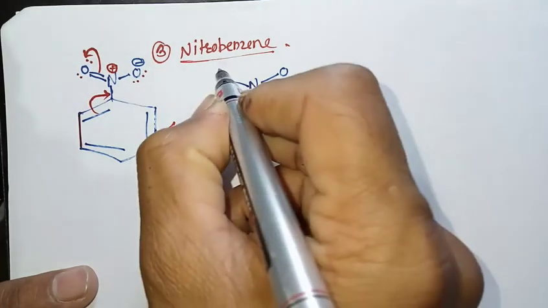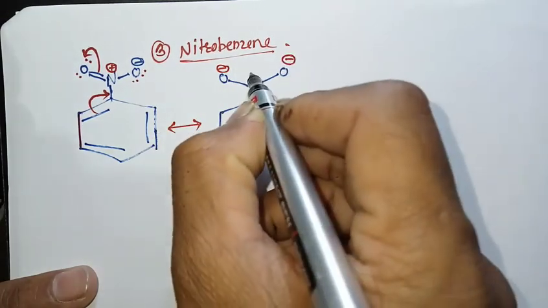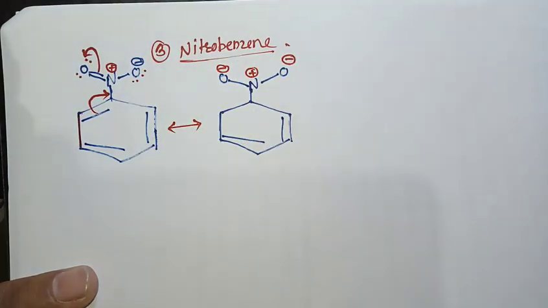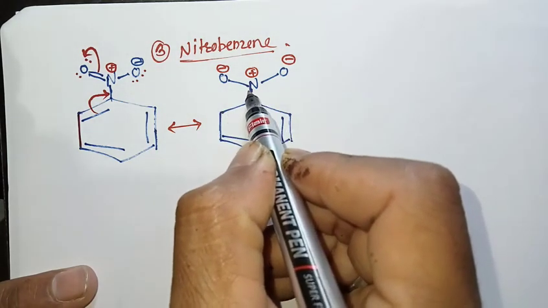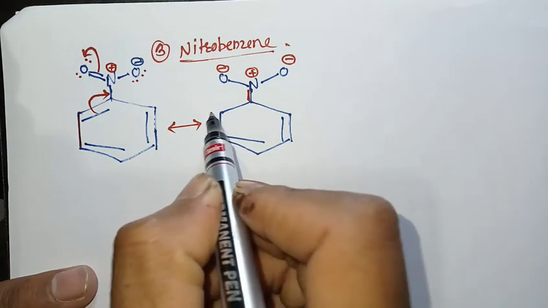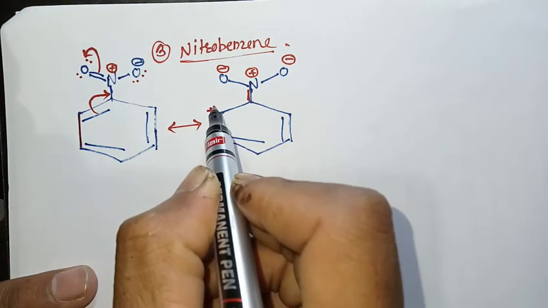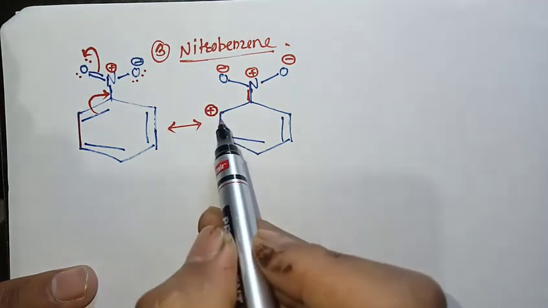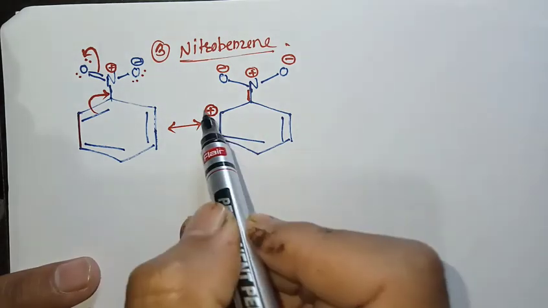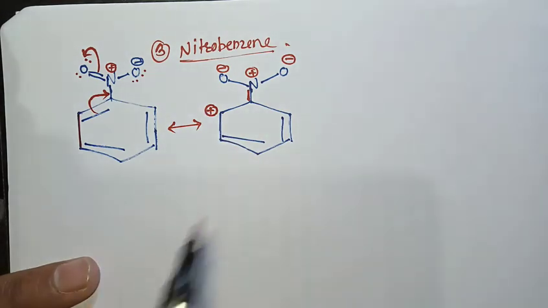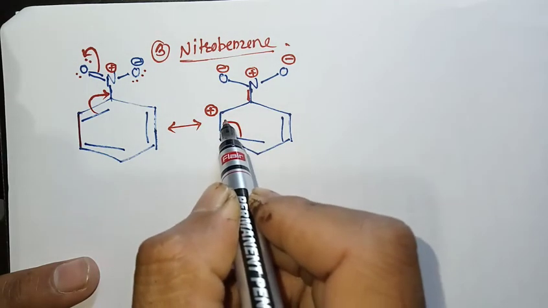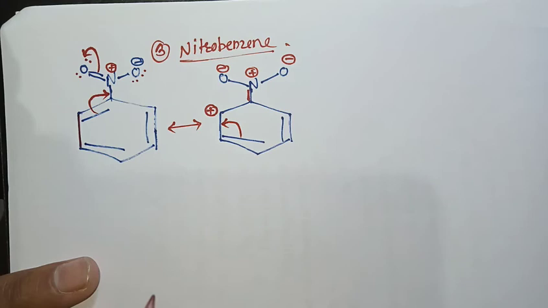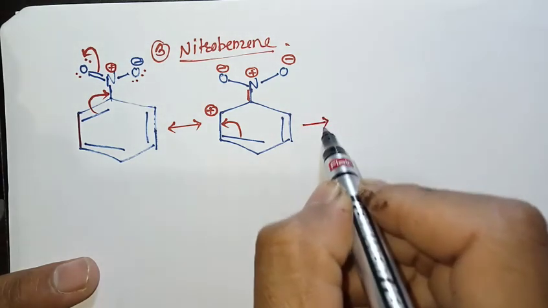They carry both a negative charge and a positive charge on this nitrogen. Because of the formation of the carbon-nitrogen bond, this carbon forms a positive charge, a carbocation over here. To stabilize this carbocation, another pi bond is shifted over here in this way. So we get another kind of structure.